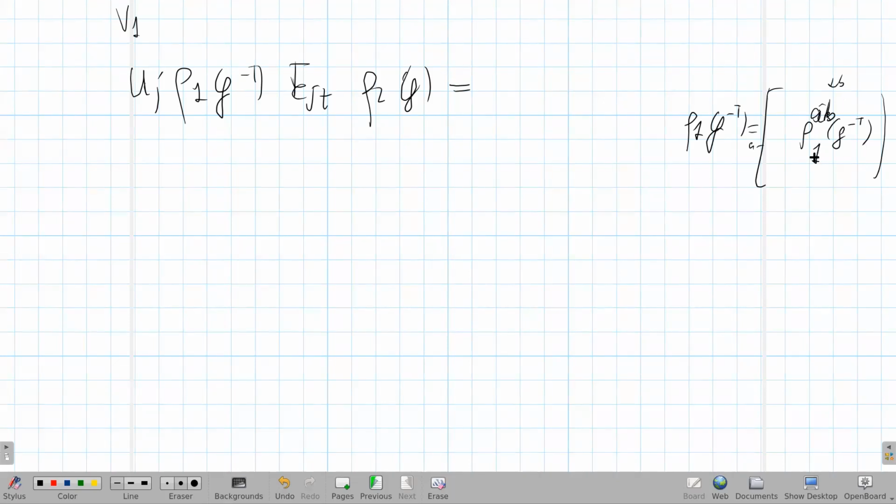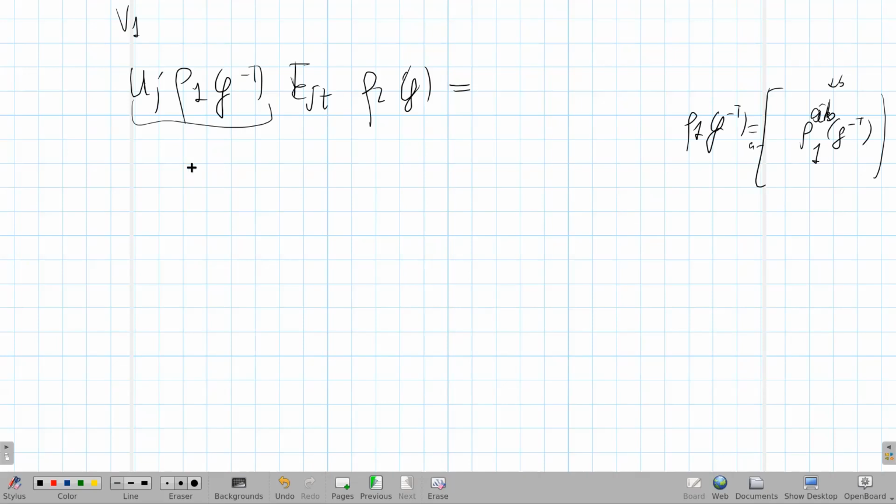The index is already taken by rho1 and rho2, so I use an exponent to denote the AB component. So what's this? This is the image under rho1 of G inverse of the jth basis element, so it's its coefficients.